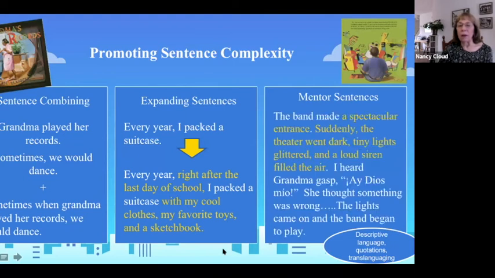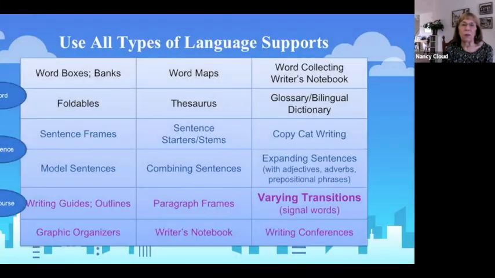Or let's take a mentor sentence from the book, Grandma's Records, and let's show all these beautiful descriptive words, here an adjective, there an adverb, and also changing languages and quotations. Let's use these mentor sentences to help our kids write more complex and interesting sentences.